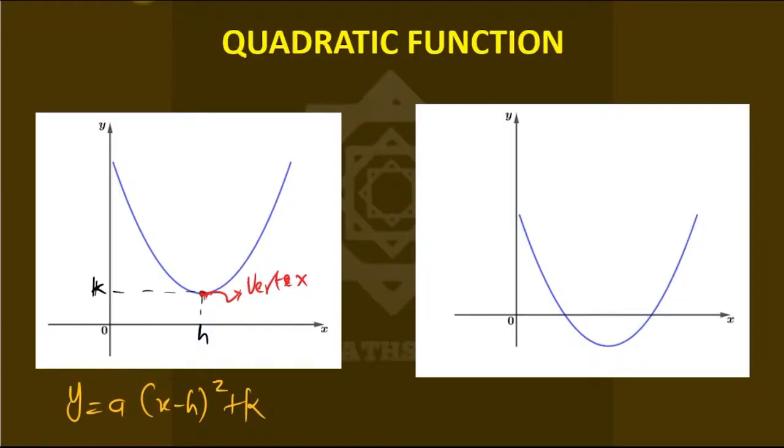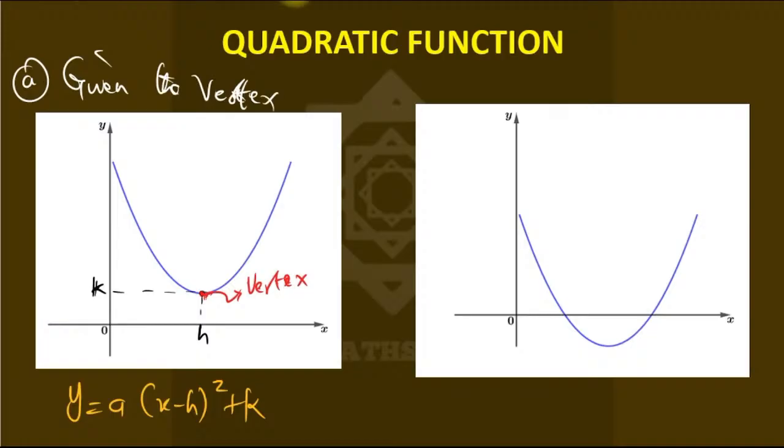So a, h and k are constants, they are numbers. The first form is when you are given the coordinate of the vertex.